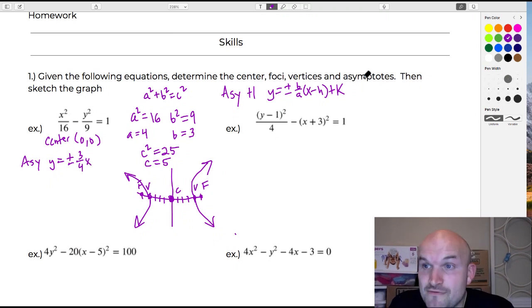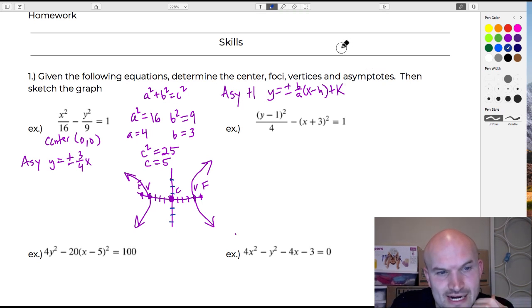Now, we could go ahead and graph 3 over 4 x. From here, you can see that obviously the two asymptotes are going to intersect at the center. Another kind of trick here is, I didn't actually go through this in my class, so for those students that are watching here, we didn't really spend too much time needing to worry about graphing the asymptotes.